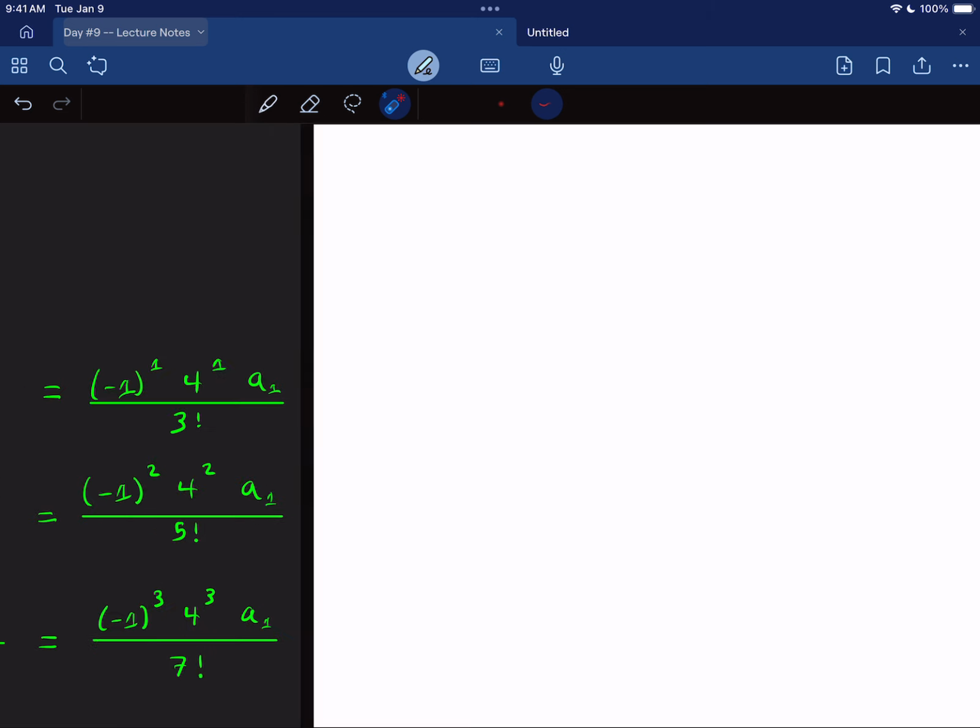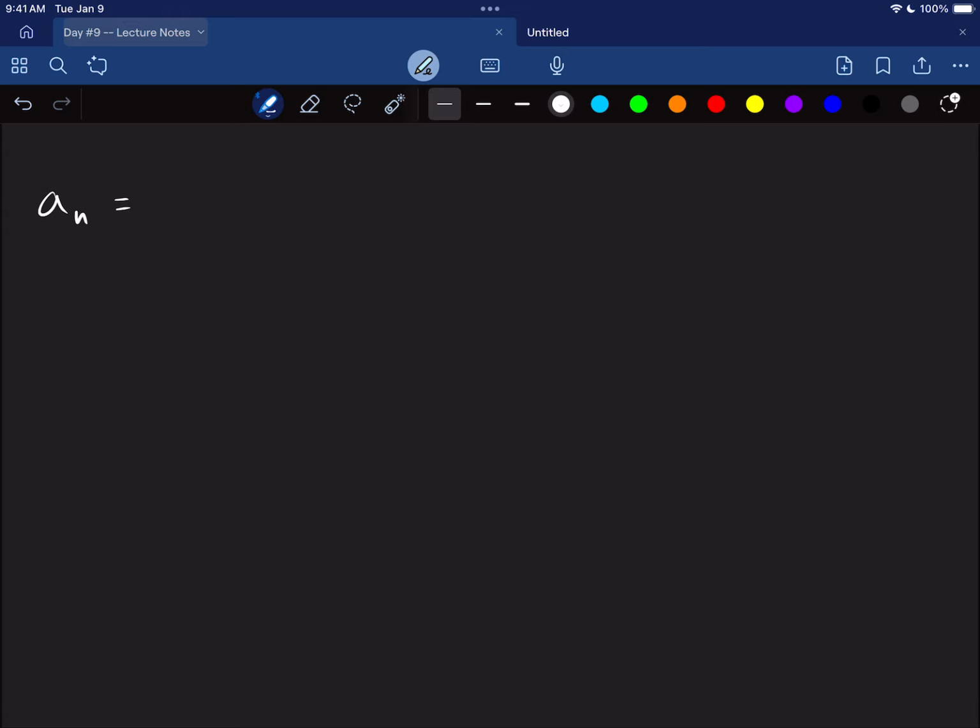So we get a formula for a sub n. It's only the odd a sub n's, but I'll go ahead and write it out. We have n factorial. We have negative 1. Remember, we took that n, we subtracted 1, and we divided by 2. We took the 4, and we raised it to that same thing, and then I have a1 right there.